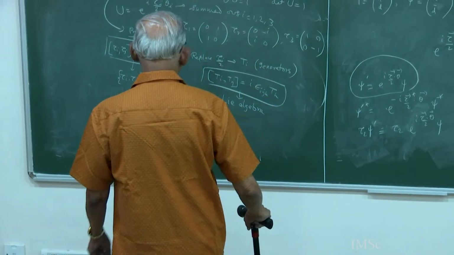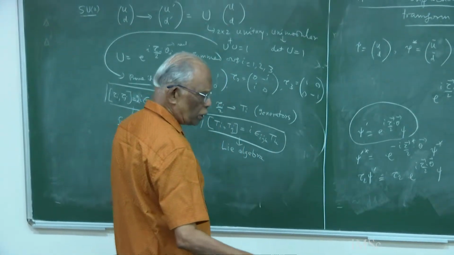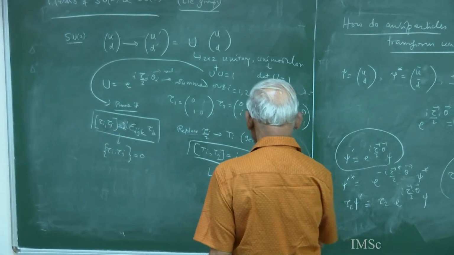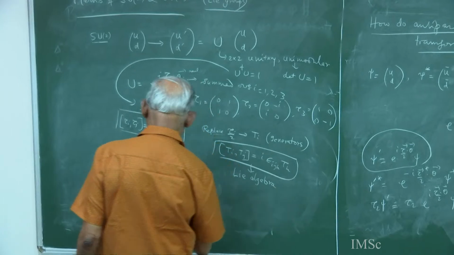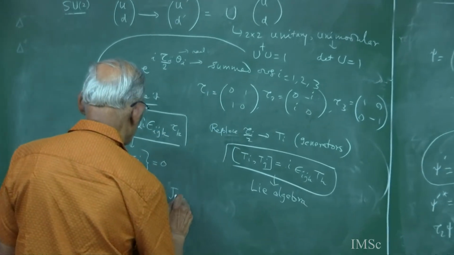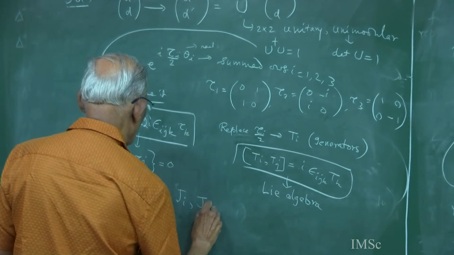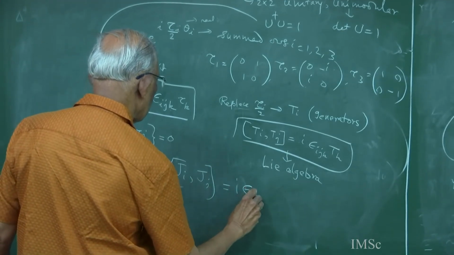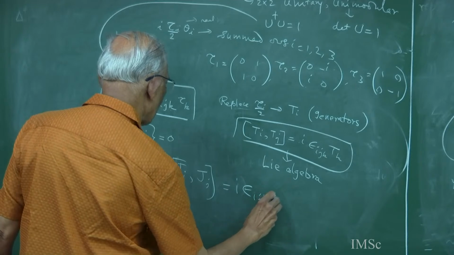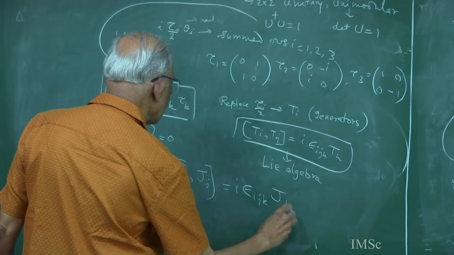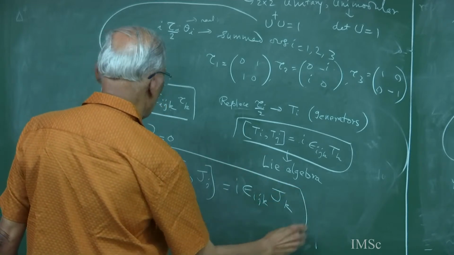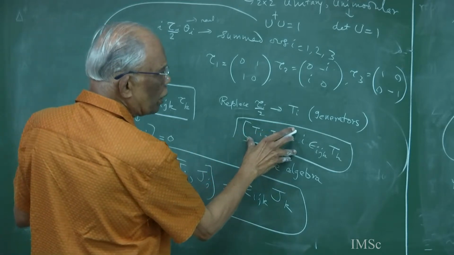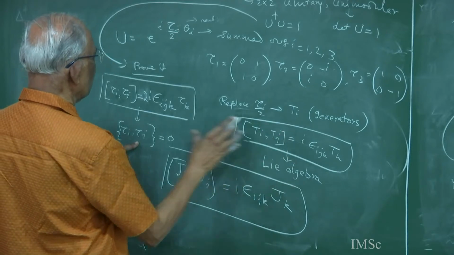See, in angular momentum theory, the generators are simply angular momenta, so let me call them J. From this basic commutation relation of angular momentum theory, by the way, the anti-commutator relation is not valid for anything except the doublet.